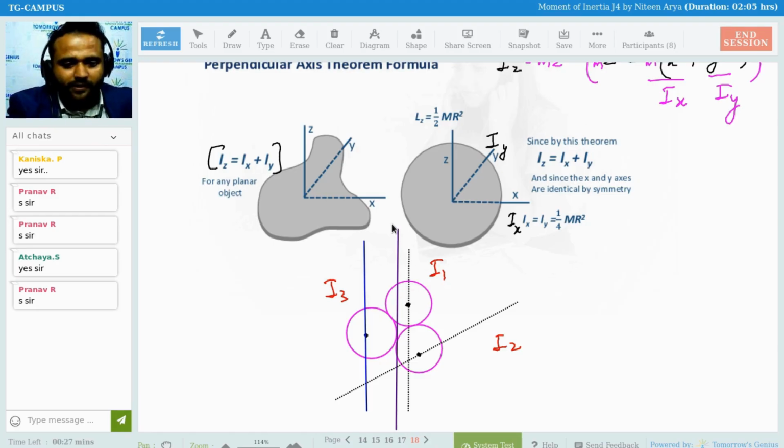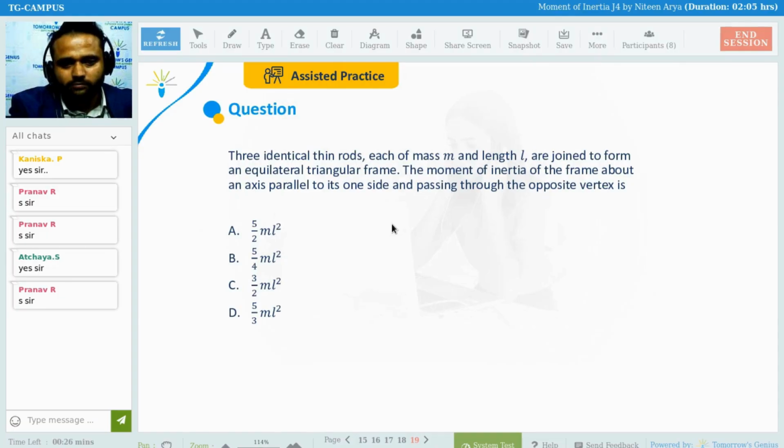Okay. If it is clear, then you do this question. Quickly you can do this question. Three identical thin rods, each of mass m and length l, are joined to form an equilateral triangle frame. The moment of inertia of the frame about an x-axis. The same thing we discussed a moment ago, I have given to you.